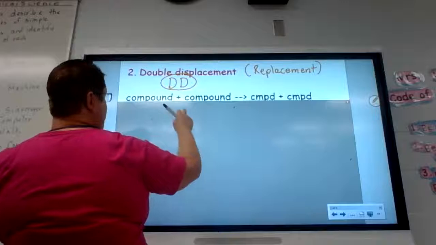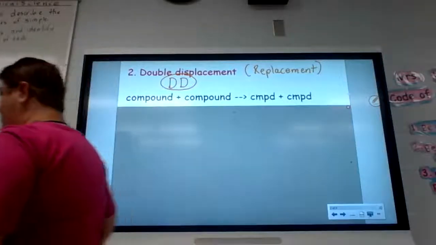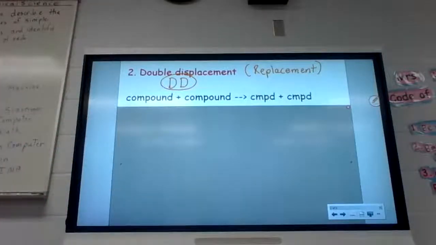Now, it is going to be a compound plus a compound, and you will get a compound plus a compound. So this one is different from single in that you have no what? You have no elements. Everything will be compounds. There are no elements in this, right? Come back to earth. Write it down.